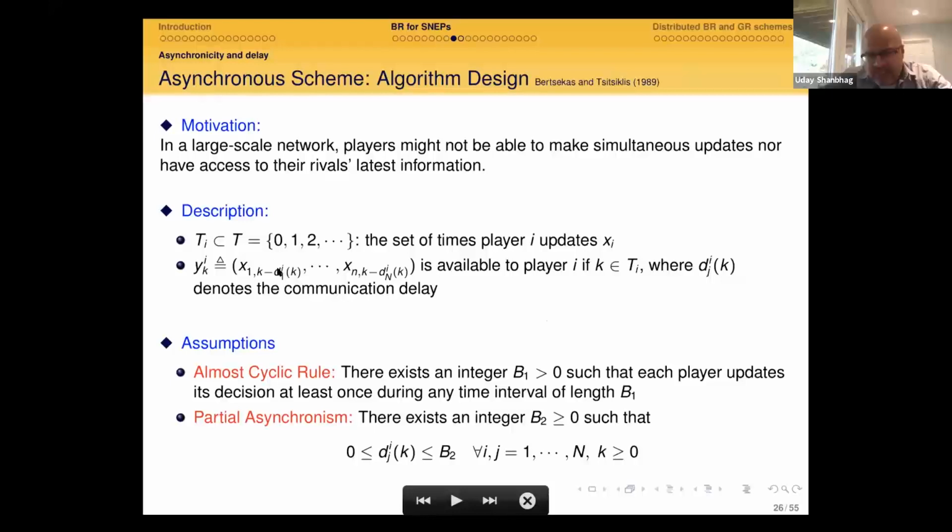These are essentially random variables that specify delay d_1^i(k), the delay seen by the ith player from the first agent at time k. These delay random variables are uniformly bounded almost surely by some integer b2, and you also have an integer b1 such that each player updates her decision at least once during a time interval of b1.